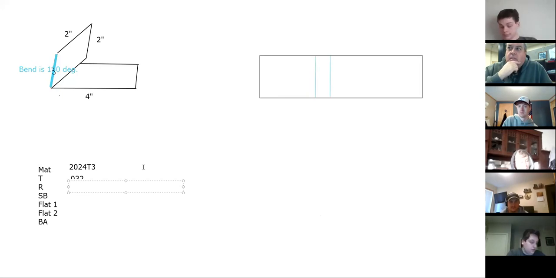Well, we know that 0.12 is the minimum, so pick a radius that you want to use. You get to pick what radius you want to use.